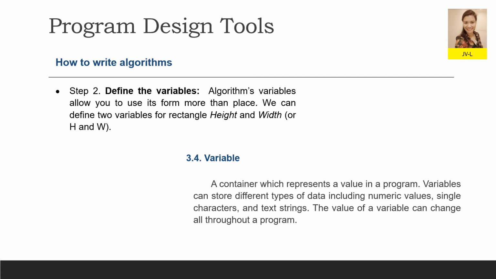Numeric values could be integer, float, anything that has floating points, or a double, which also has floating points. A variable can store a single character, like letter T or letter B, and a text string, meaning a sentence. The value of a variable can change throughout a program.